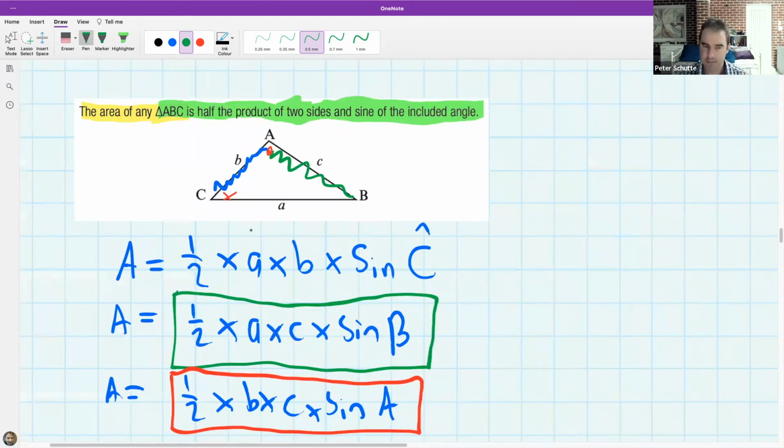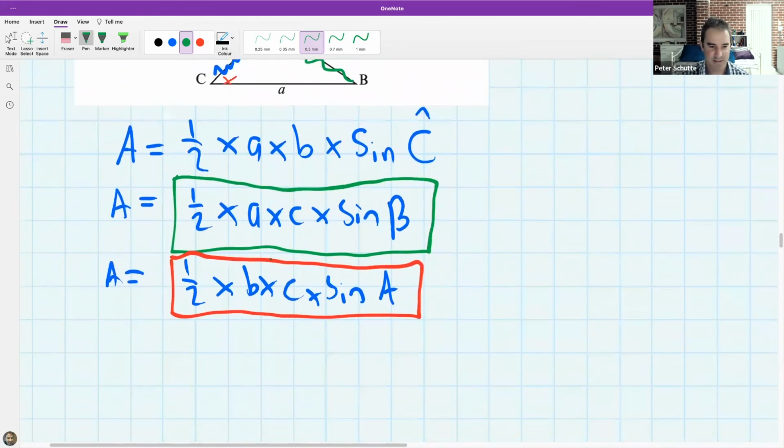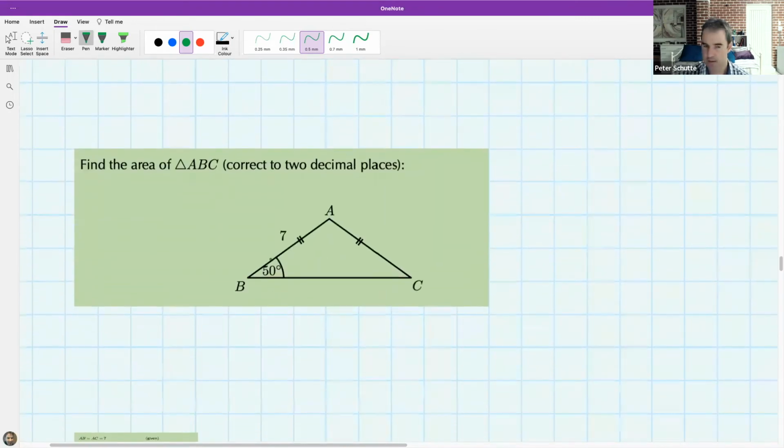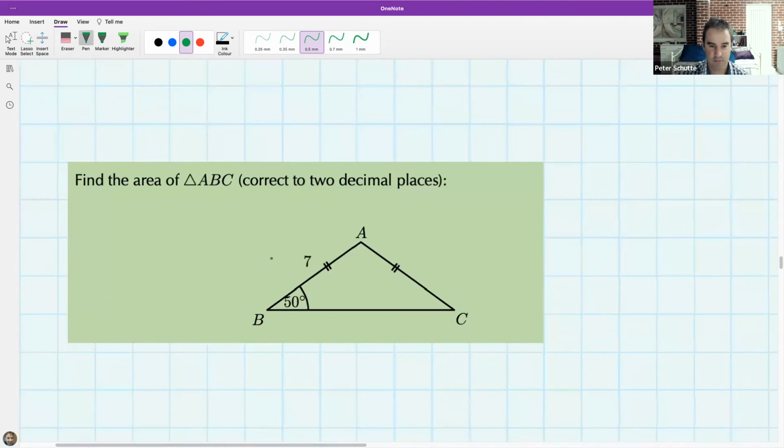So we've learned about this new tool, which we're going to use to find areas of triangles. Then let's see if we can make it a bit harder. Find me the area of this triangle.